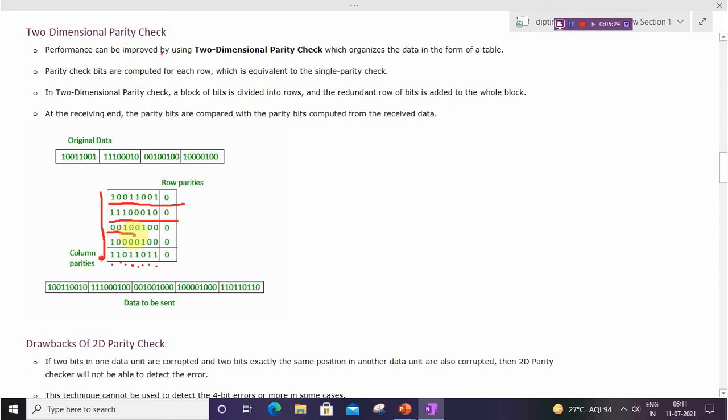The data units are transmitted to the receiver with the parity bits and the block of parity bits. Lastly we add this parity bit block also to the original data: 1110110110. This is the data to be sent to the receiver. So in two-dimensional parity check, we calculate row parity bits and column parity bits, add the column parity bits to the original data, and send it to the receiver.